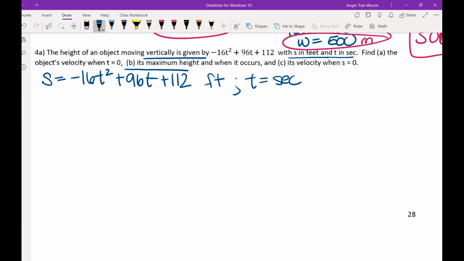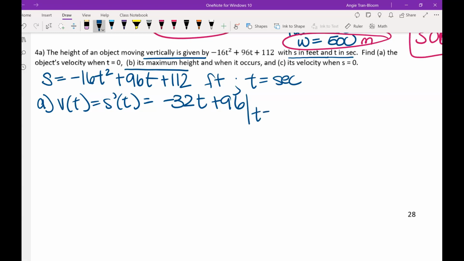Part A says find the velocity when time is 0. So we want to find the derivative of position, which is negative 32t plus 96. And then plug in 0 because it's asking for time equals 0. So if I plug in 0 for time, we are going to have 96 feet per second.